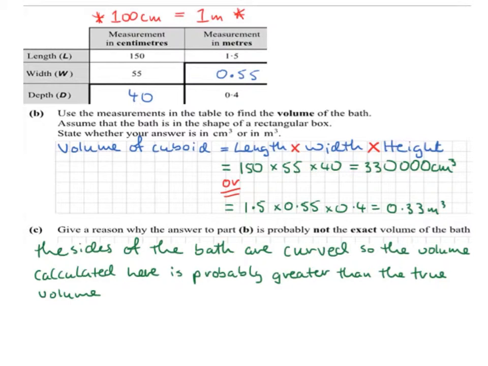The formula for the volume of a cuboid is length multiplied by width multiplied by height. Now in the table above we are given the length, the width and the depth. Depth is another word that we can use for height. So in this case we're going to do length multiplied by width multiplied by depth.